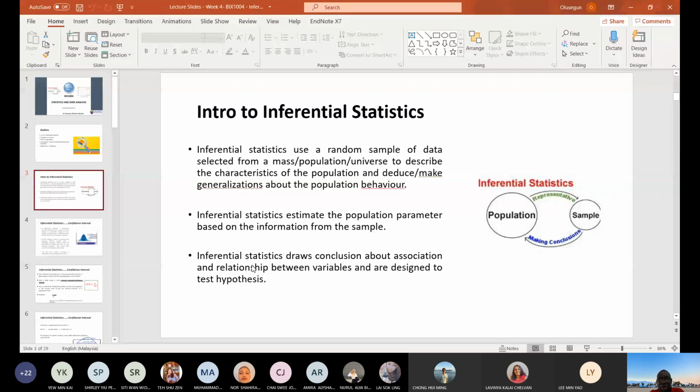From there, conclusions are drawn about the relationship or association between variables and about the designed hypothesis. So they are designed to test hypotheses.